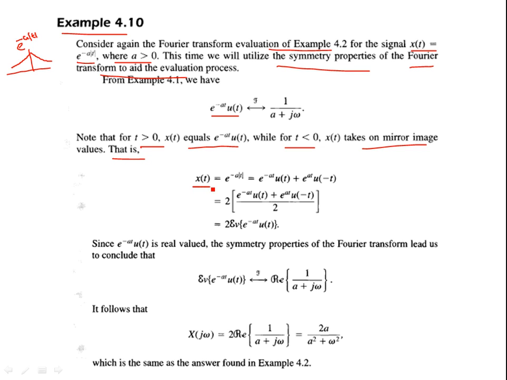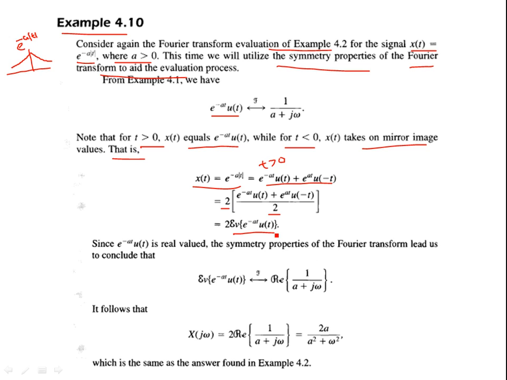That is, this signal can be split into two functions: this is for t greater than 0, and for t less than 0 this is e^(at)u(-t). You can also write this by multiplying and dividing by 2 to make it look like an even function of e^(-at)u(t).